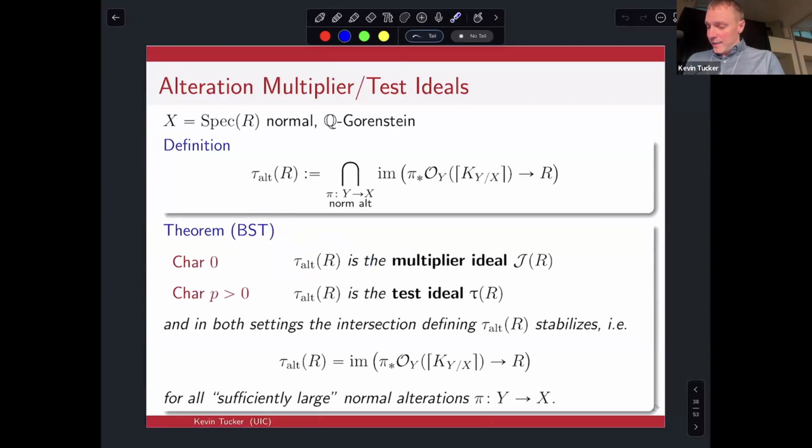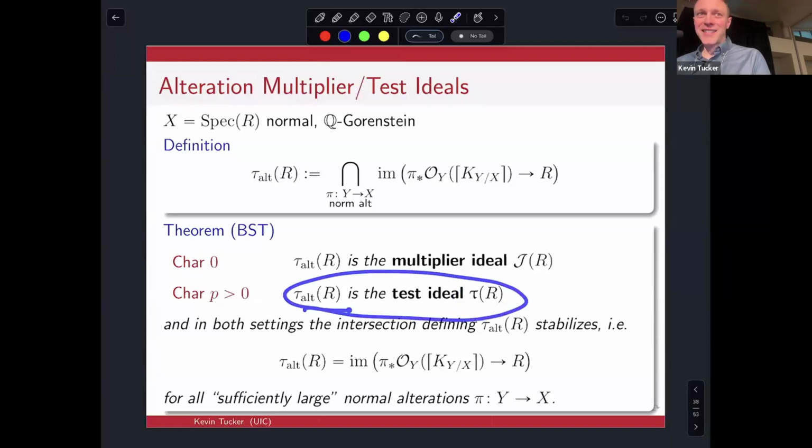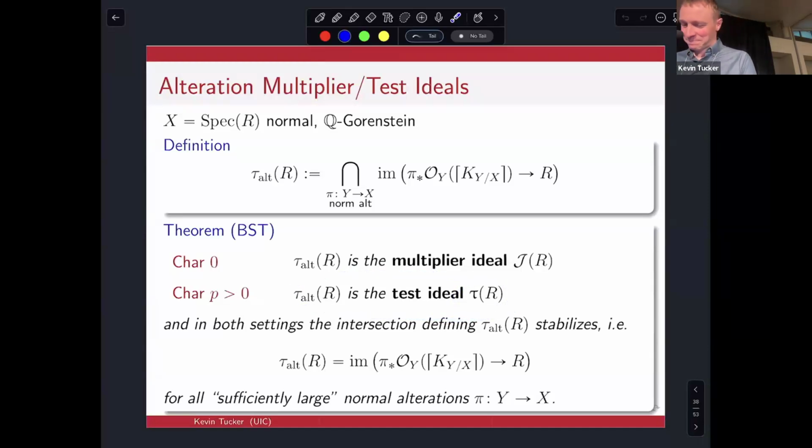In characteristic p, it gives you the test ideal. This really is the test ideal coming from tight closure theory, which I'm not going to say anything about. So if you like, take this as a definition of that test ideal and use it as motivation to go learn about that somewhere else.